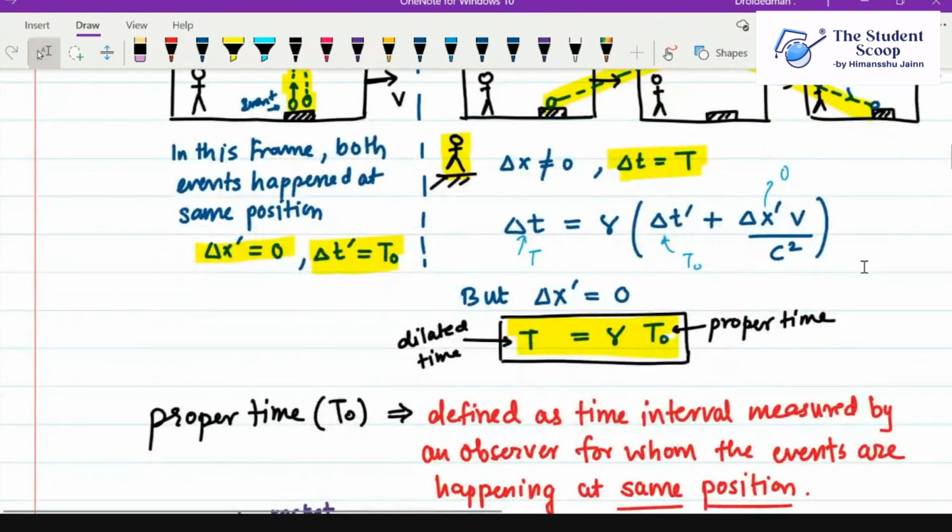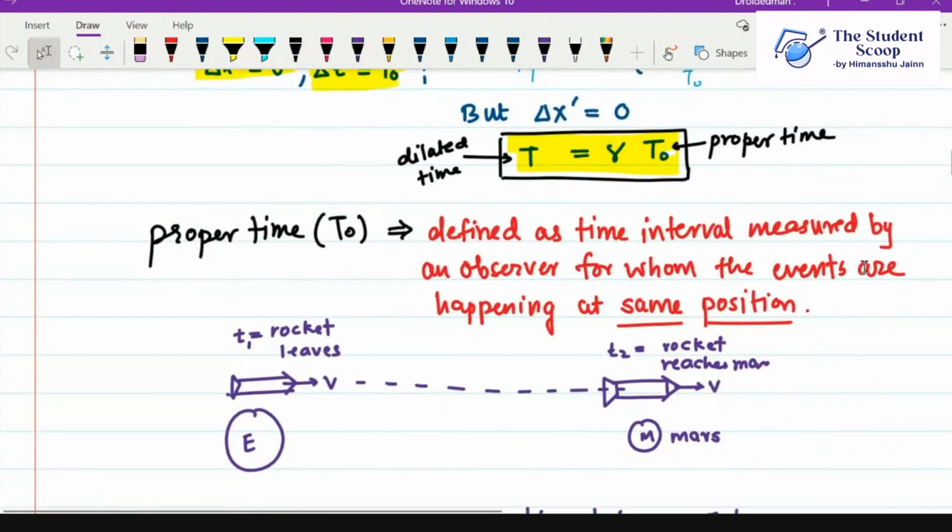An example of this: imagine event 1 is a rocket leaving the Earth, and event 2 is the rocket reaching Mars. From the Earth's perspective, leaving Earth and reaching Mars happen at two different places, so Earth will measure a dilated time.